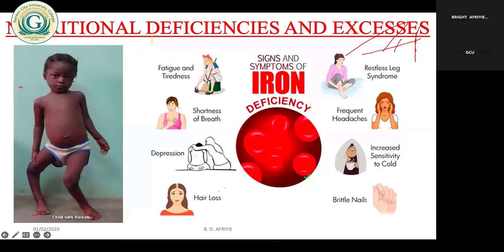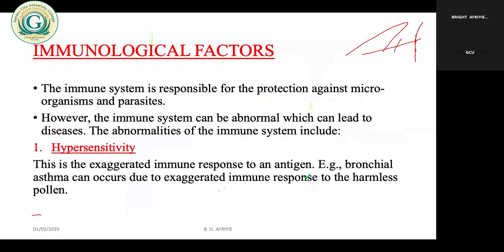Okay. Then we move on, still on the cause. We have immunological factors. Our immune cells are supposed to be able to fight infectious agents, microorganisms and parasites. However, the immune system can act abnormally, and that can lead to a disease. In terms of hypersensitivity, we are looking at exaggerated activities of the immune cells.